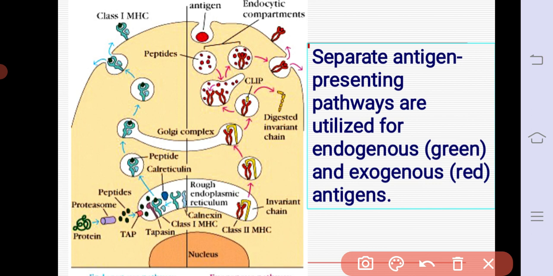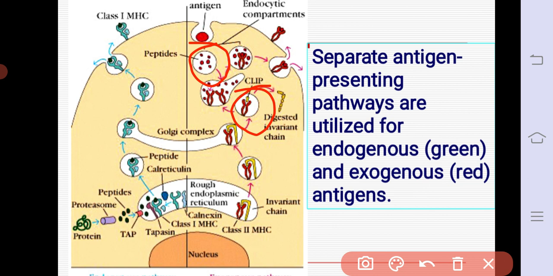And when this endosomal vesicle with foreign peptide antigen and this MHC class second molecule with CLIP are overlapped in one vesicle, during this overlapping the CLIP is removed.